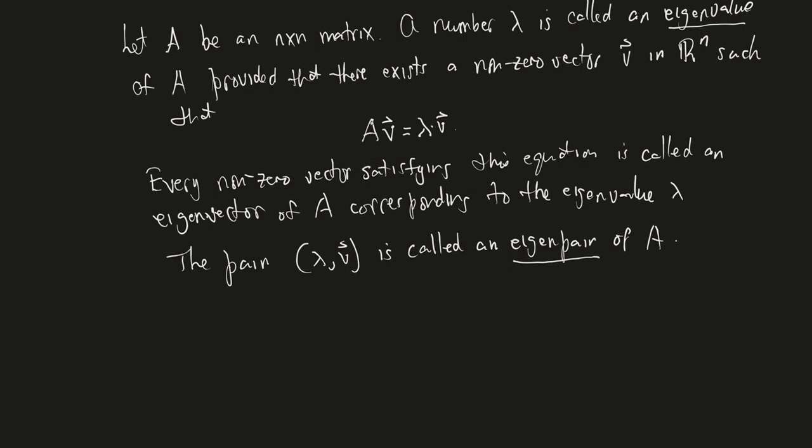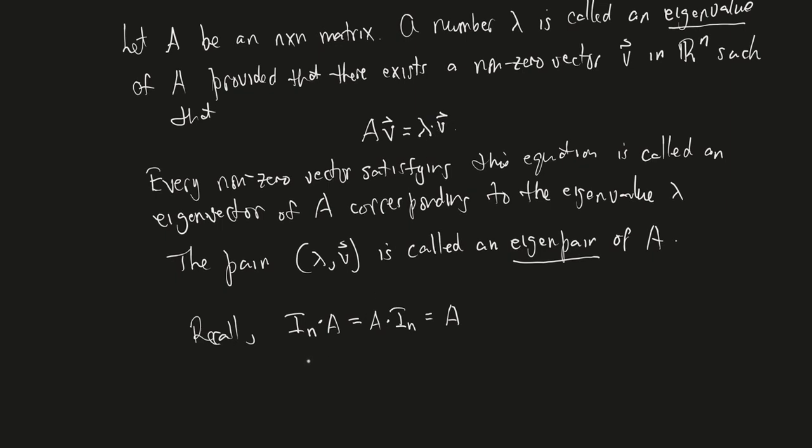Now remember, A is an n by n matrix, and v is an n by 1 column. Now recall, if I multiply an n by n matrix by the identity matrix, either in front or after, it would not change the matrix A. It turns out it also works for vectors.